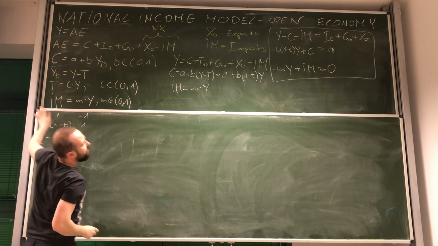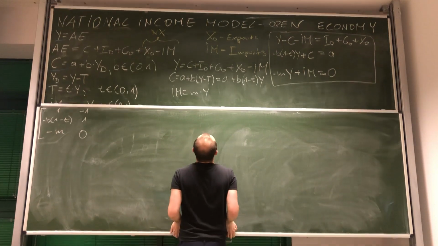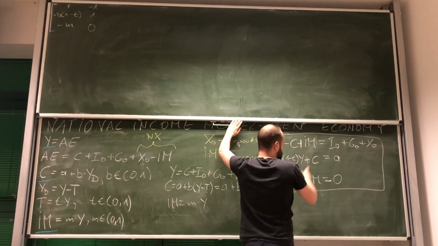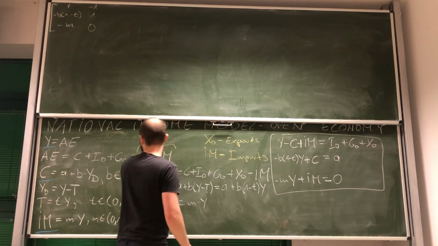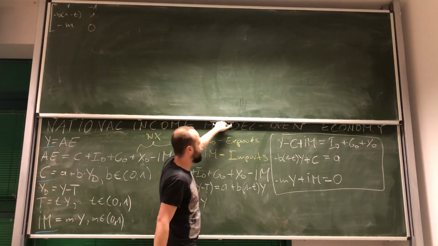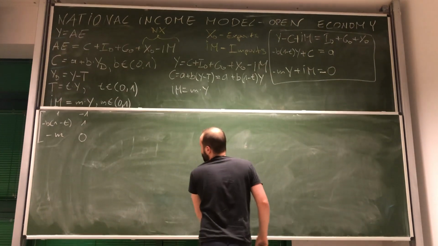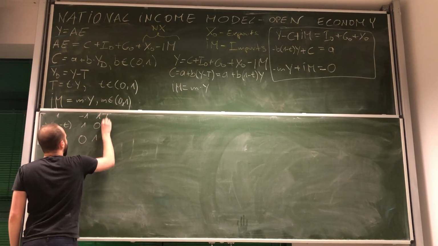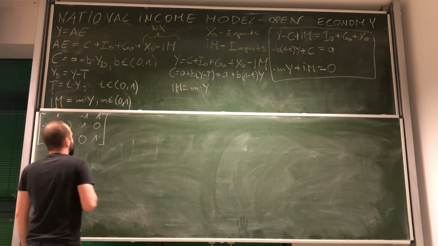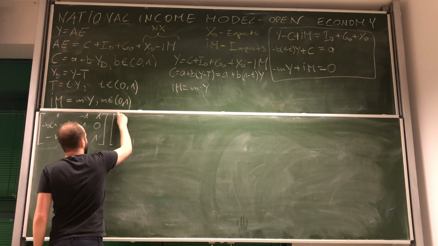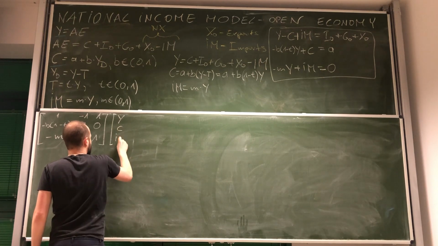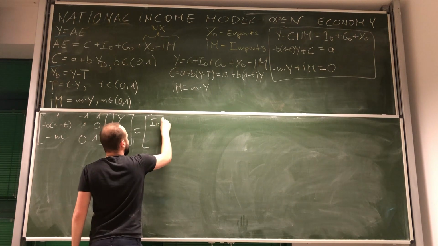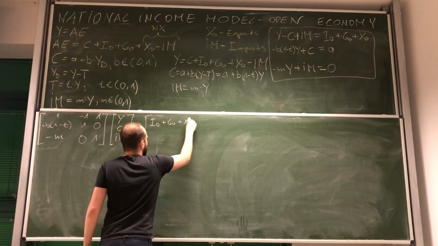Oh, I made a mistake. Of course, it's here. Here should be plus, right? When we move this to the other hand side, it stays with the plus. So we've got 1, then we've got 0 and 1 again. Okay, so we've got 3 endogenous variables and a vector of exogenous terms.